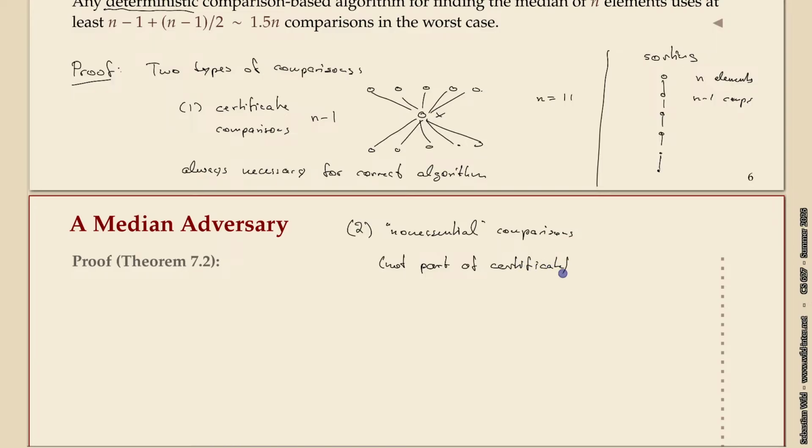So in particular, any comparison that compares an element that's strictly larger than the median to another one that's strictly smaller than the median, it doesn't help us find the median. Okay?